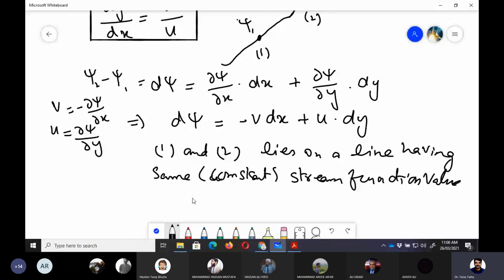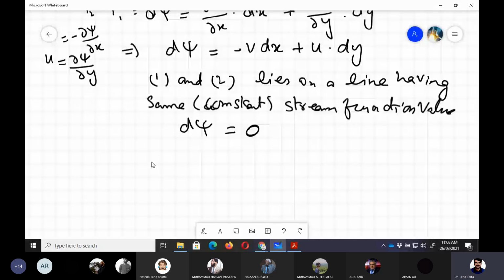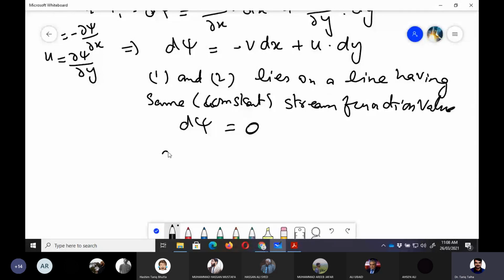And if we put d psi equal to 0 here, we get minus v dx plus u into dy equal to 0. Now from here, if we calculate dy upon dx, which is the slope of that line having constant stream function value, that comes out to be equal to v upon u.